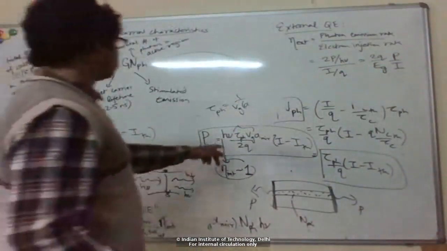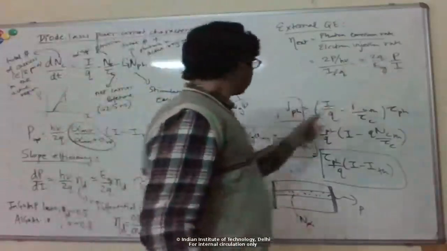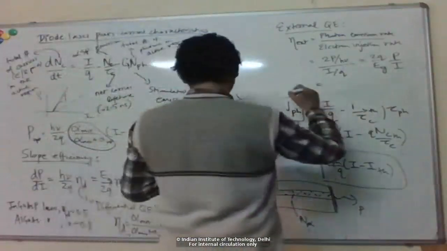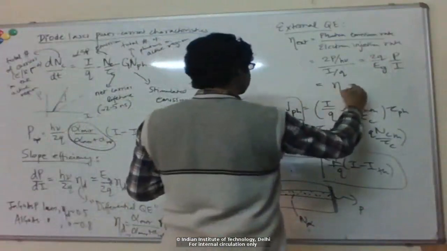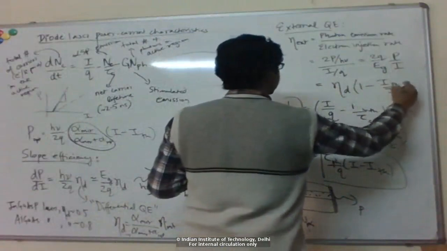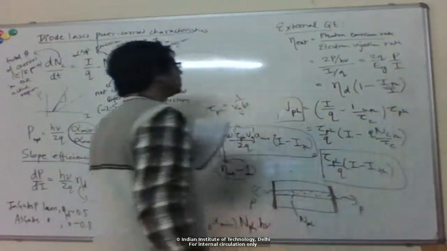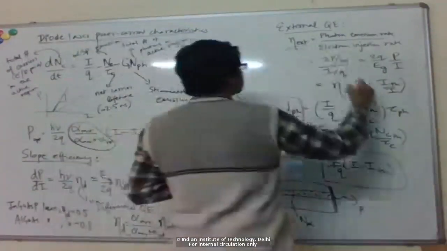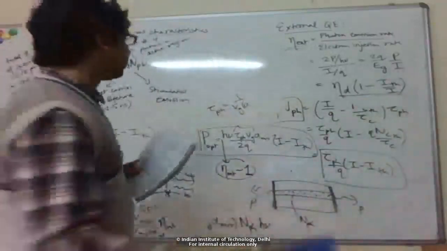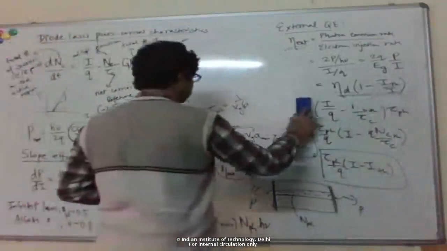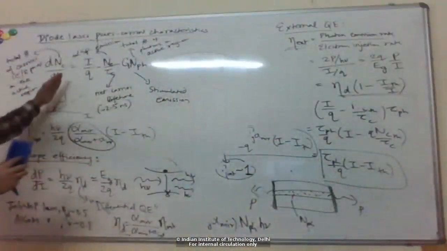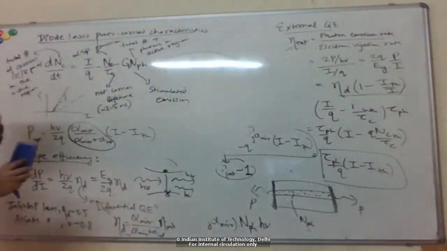If I use this expression for P in terms of I, you can see that this external quantum efficiency is just the differential quantum efficiency times this quantity here, depending on the current. So it approaches the differential quantum efficiency for high currents. Differential gives you the slope: for a unit change in current, how much the power is changing.